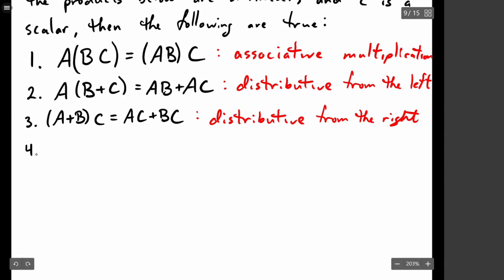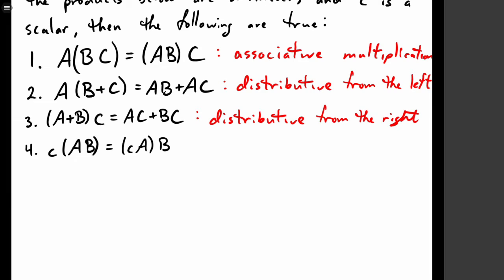So the last thing is what happens if you multiply a scalar onto this. Well, sorry, what I should be saying here is we can multiply the matrices together first, then the scalar, or we can put the scalar on the first matrix and then multiply the matrices, or we can even put it on the second matrix.